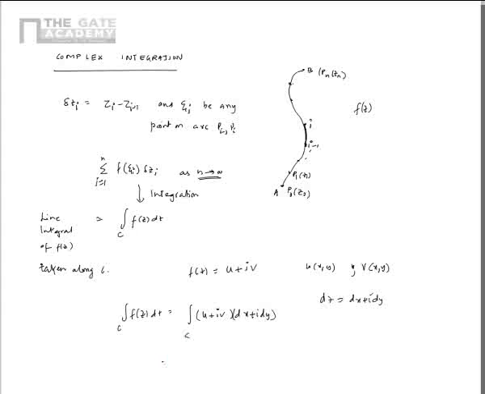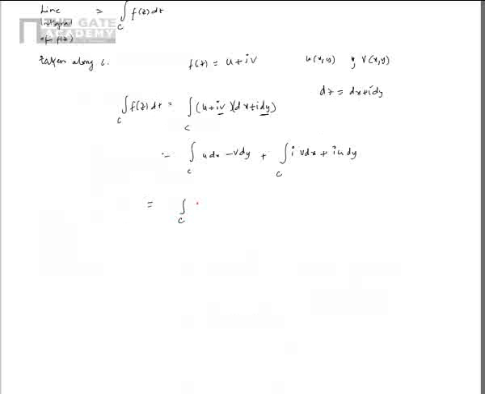Simplifying, the real part is u dx minus v dy, since iv times i dy is i squared v dy, which is minus 1. The imaginary terms I can write separately as v dx plus u dy. So this becomes the integral over C of u dx minus v dy, plus i times the integral over C of v dx plus u dy.